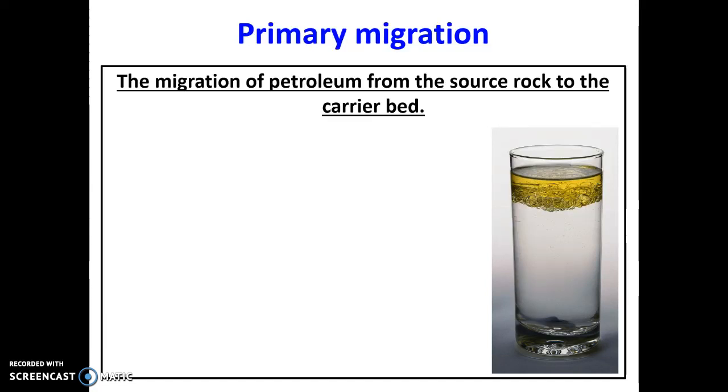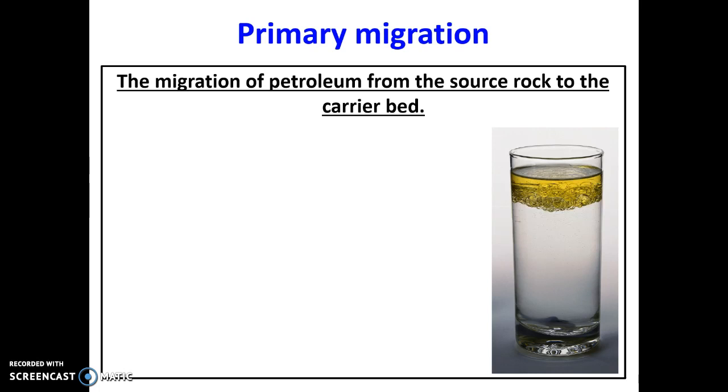Once petroleum is generated in the source rock, a localized pore pressure develops, together with increasing temperature and pressure.